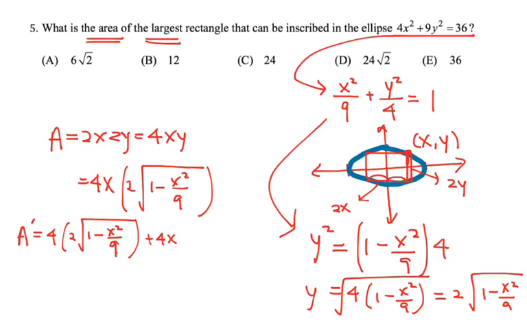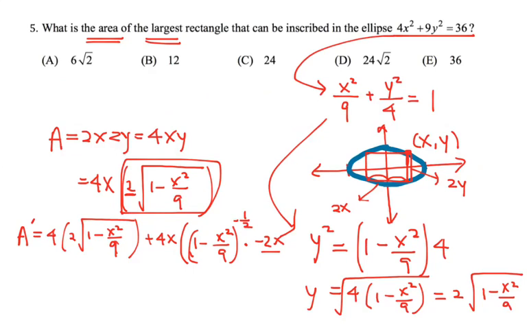Derivative of this expression, 1/2 comes out and then cancels out with 2, so it simply becomes 1. And then we get 1 minus x squared over 9 to the negative 1/2 power. And then we have to multiply that by the derivative of the inside, which is negative 2x over 9.